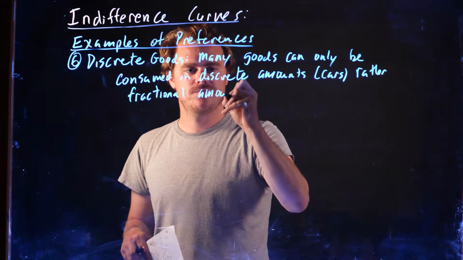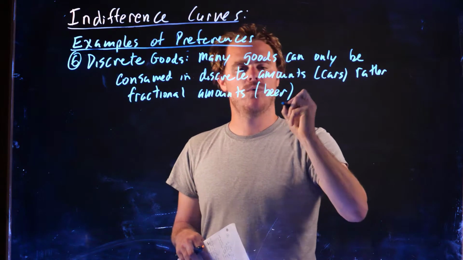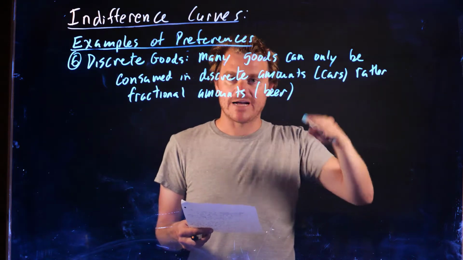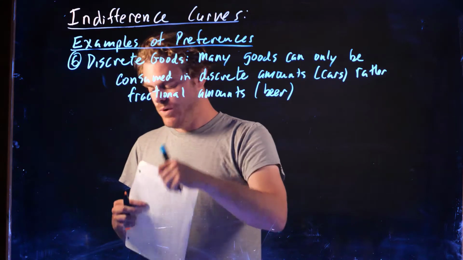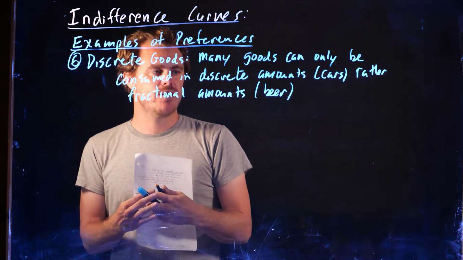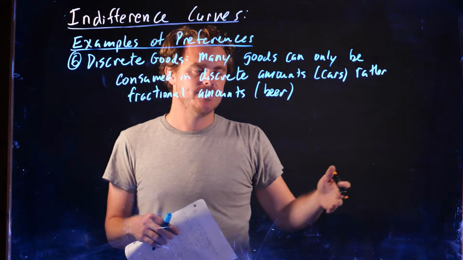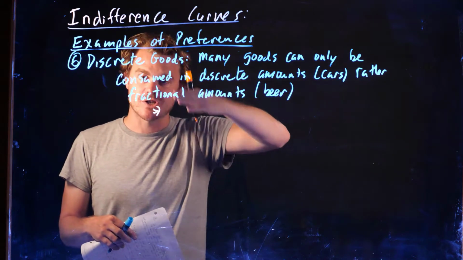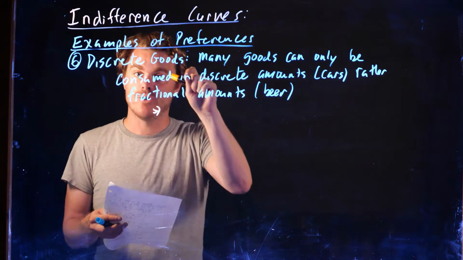For instance, something like beer, you could have 1 1/4 beer, or you can have fractional amounts of a beer or something like that. If you wanted to represent a good that we could only purchase in discrete amounts, then instead of having indifference curves, they'd be a series of points at those discrete amounts.